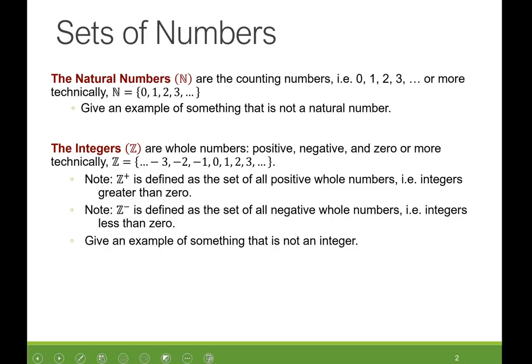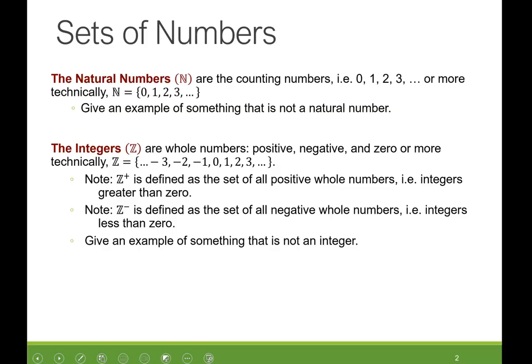As an additional piece of notation, sometimes we'll write Z plus. That's the integers that are greater than 0. So that's 1, 2, 3, 4. Or we might write Z minus. That's the integers that are less than 0: -1, -2, -3. Everybody's okay?